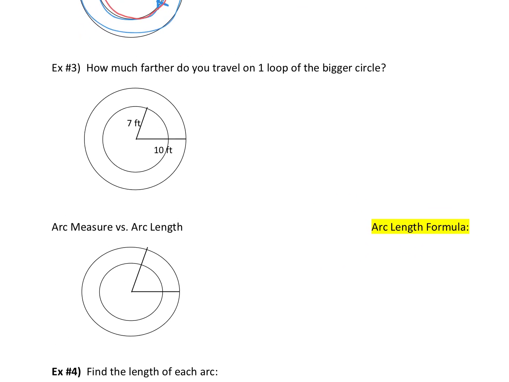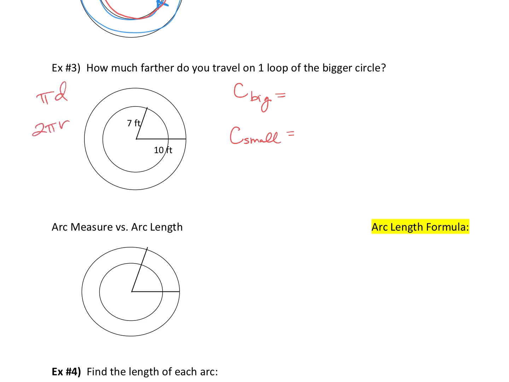If I want to know how much farther we travel on one loop of the big circle, all you're really finding is circumference, right? What's the circumference of the big loop, and what's the circumference of the small loop? We said circumference is pi times diameter, or 2 pi r, whichever one you like.